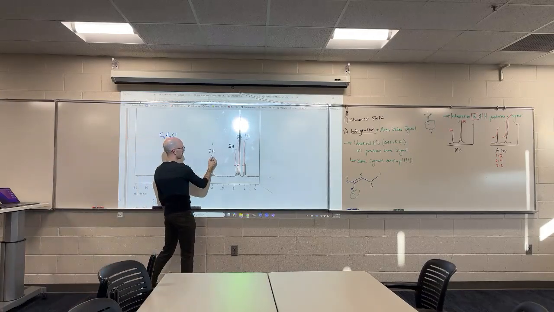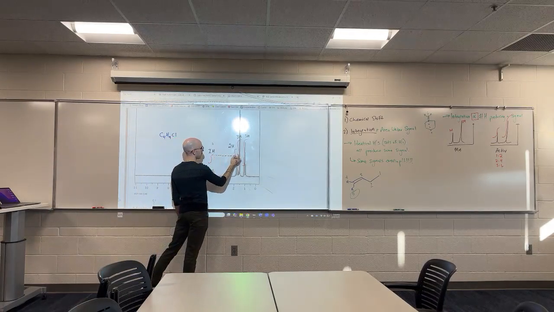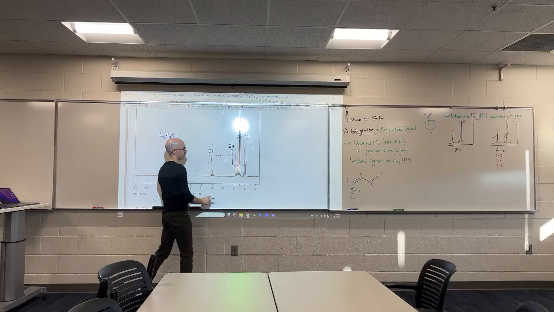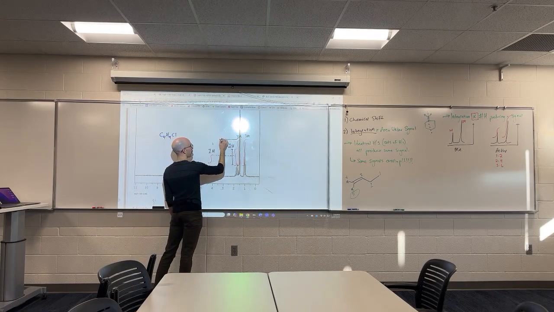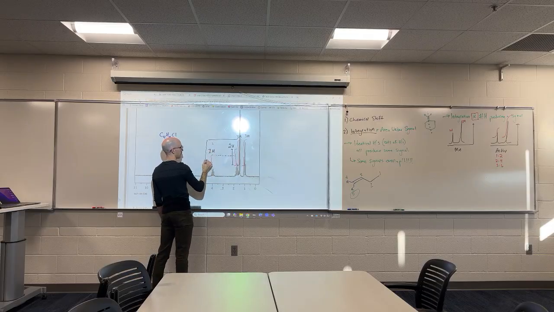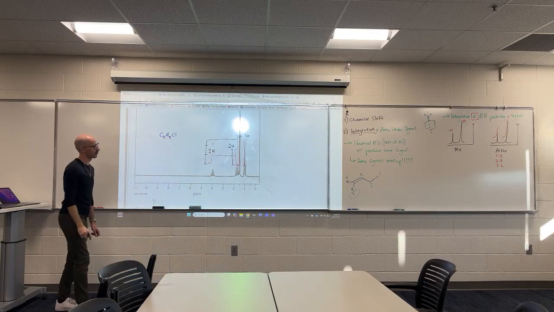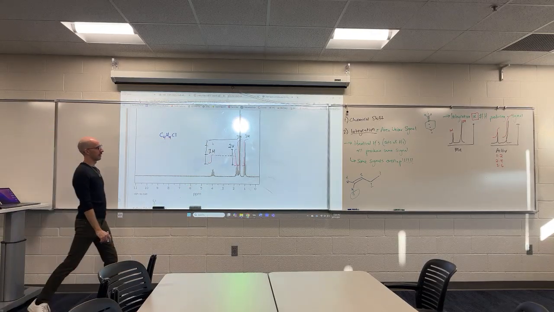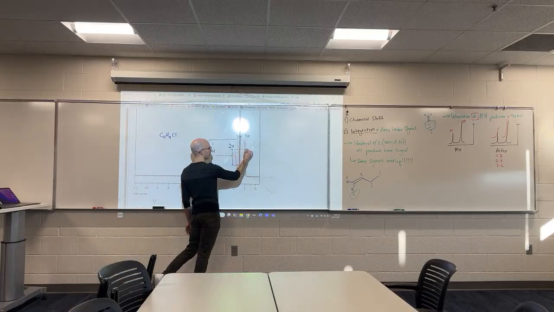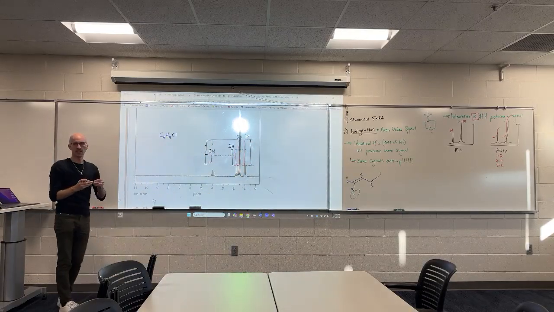And this peak, or this integration, was meant to be about half the height of this integration, and about a third the height of these other integrations, although I don't know if I was quite there at a third. Which means that this signal was meant to be about 2/3 the height of these taller ones.